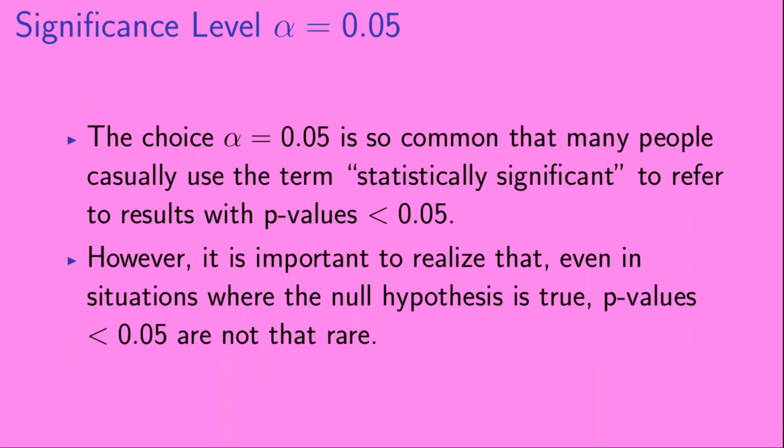The choice alpha equals 0.05 is so common that many people casually use the term statistically significant to refer to results with p-values less than 0.05.